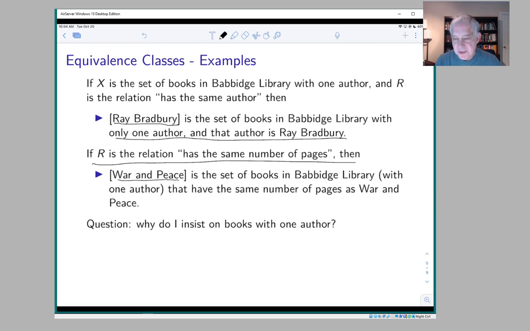Now, why am I so hung up about this notion of having books with one author? Well, suppose you allow books with multiple authors, and suppose your relation R is that two books are related if they have an author in common.